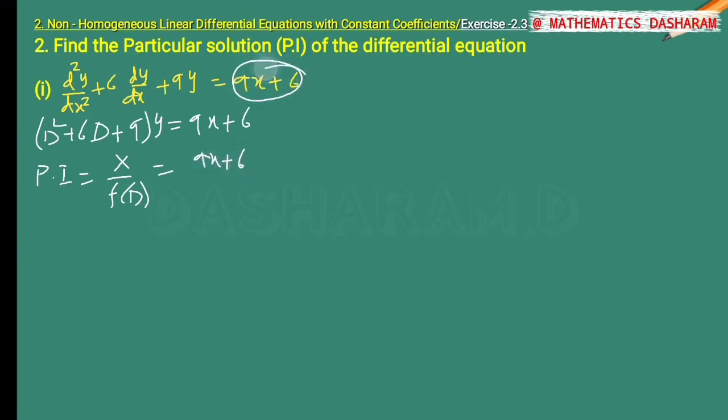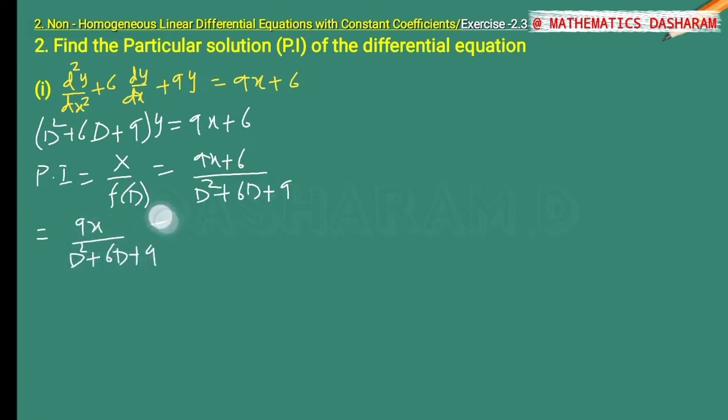The right side function in the given equation is X, and f of D is D square plus 6D plus 9. Now split into two fractions: 9x by (D square plus 6D plus 9) plus 6 divided by (D square plus 6D plus 9).